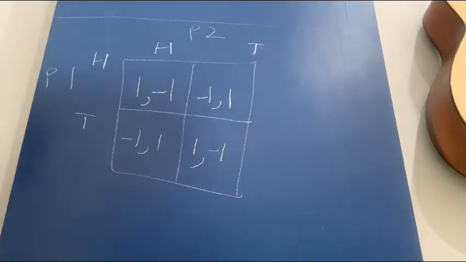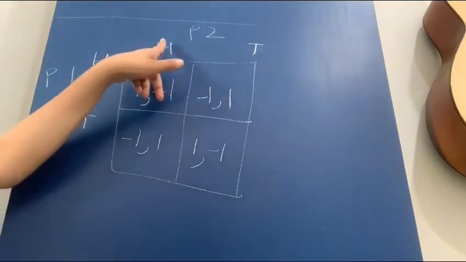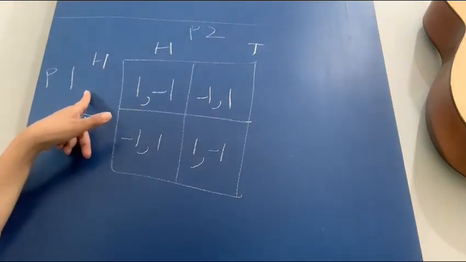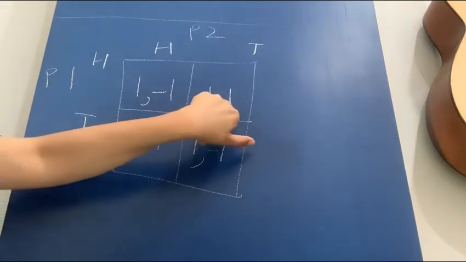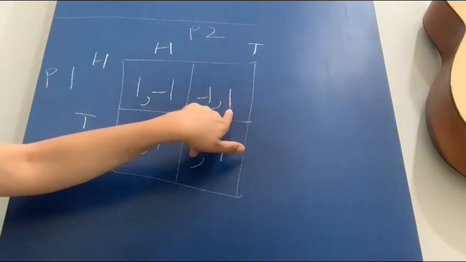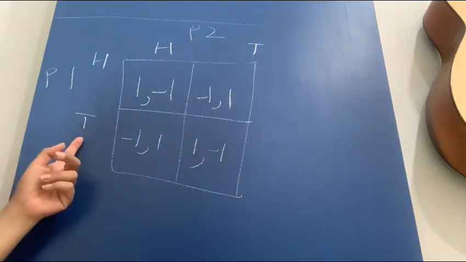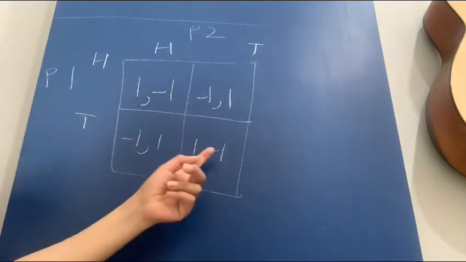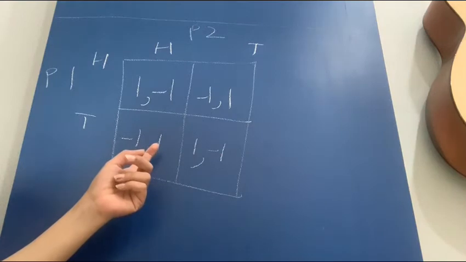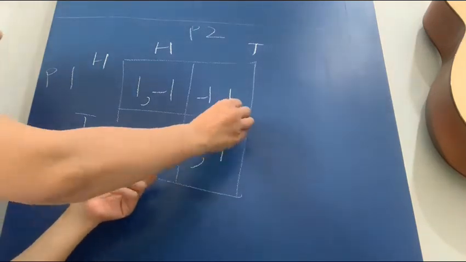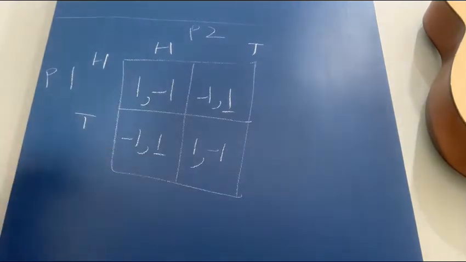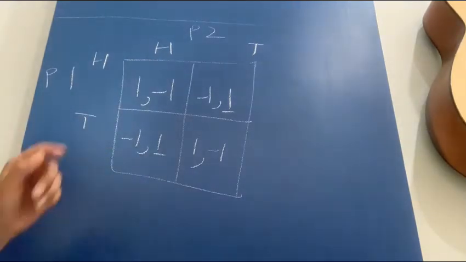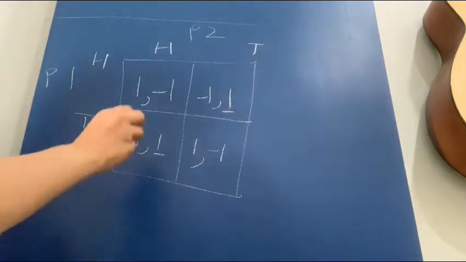Now if we look for a Nash in this particular game, we will see that this game has no Nash at all. For example, if player 1 is playing heads, the best thing for player 2 to do is tails. If player 1 has tails, the best thing for player 2 is heads. So we mark it like this. Likewise for player 1, if it's heads for player 2, the best thing for player 1 is heads.